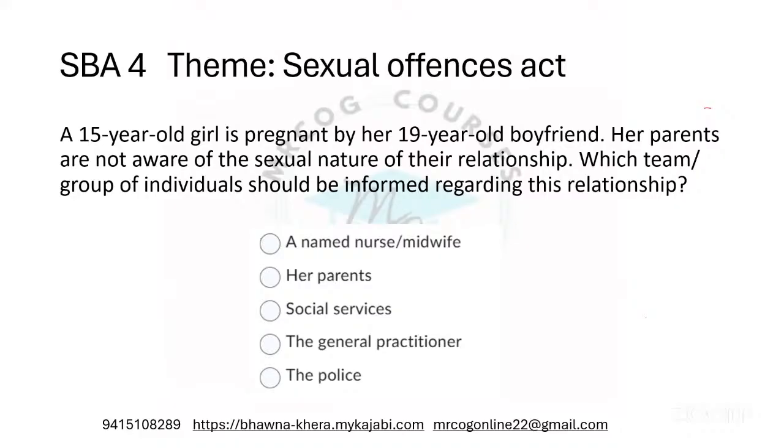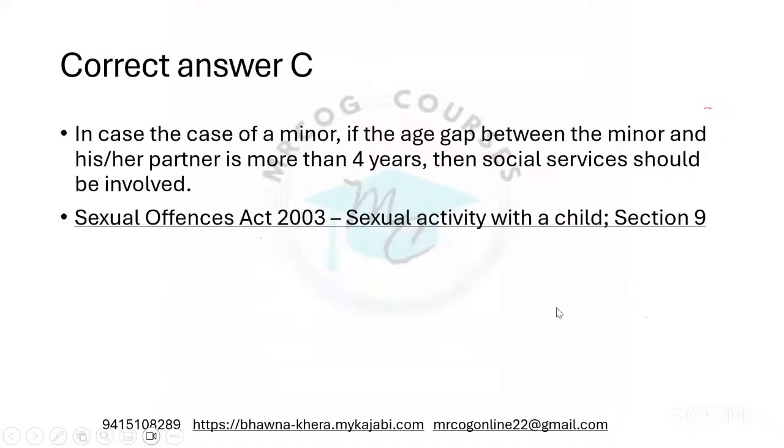Congratulations. Here, social services is the correct answer because this is a 15-year-old girl who has a right to go for sexual intercourse. But because of this age difference, 15 and 19, that's the problem here. Therefore, we are informing the social services, and this is the risk behavior here.